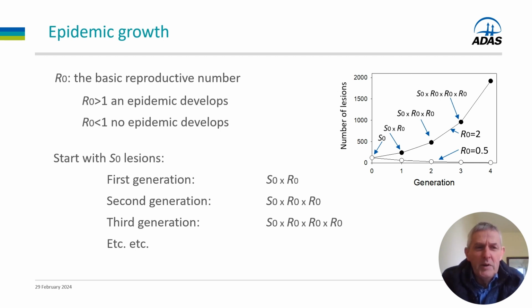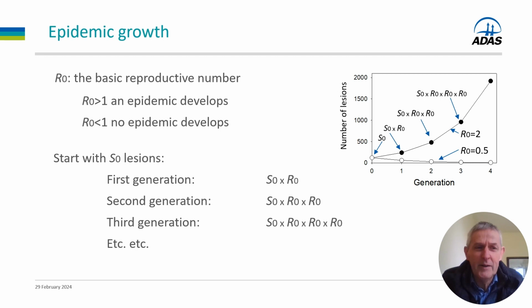So the first point is that the basic reproductive number R0, as we heard during the COVID pandemic, is very sensitive as to whether it's greater than or less than 1. If each lesion produces more than one new lesion, then the epidemic is going to grow exponentially.